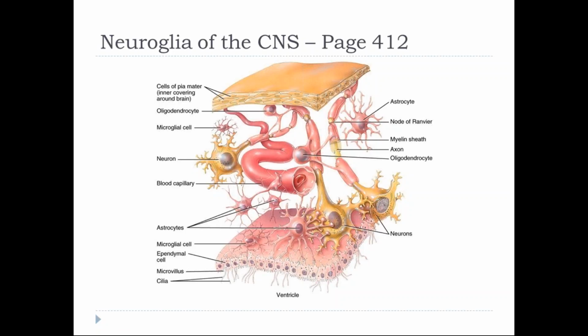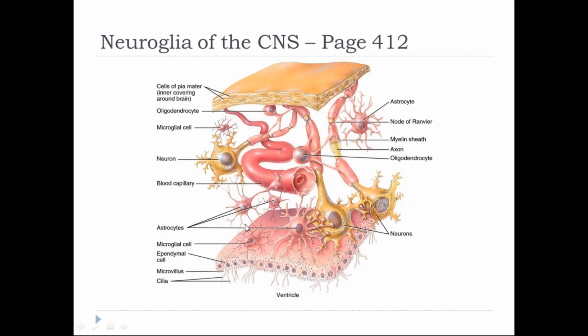So there's 4 in the central nervous system, 2 in the peripheral nervous system. So inside your central nervous system, which you know is your brain and your spinal cord, you have the astrocyte. Okay, so there's different types of astrocytes. They don't get into it in your book, but there are different types.